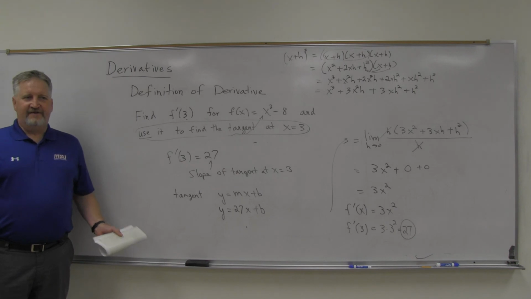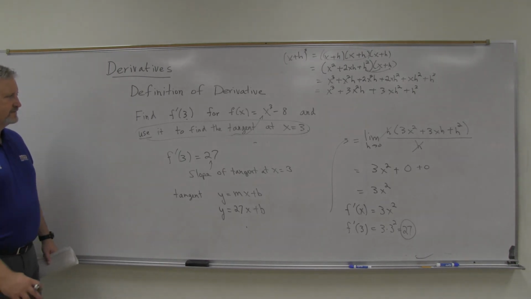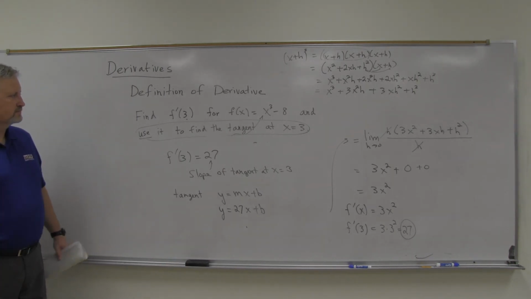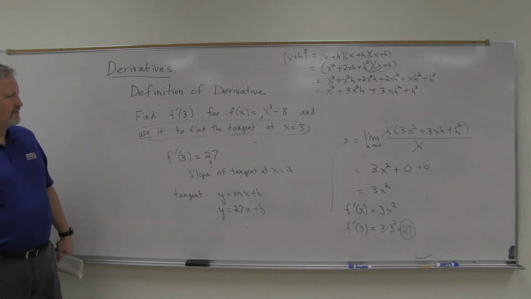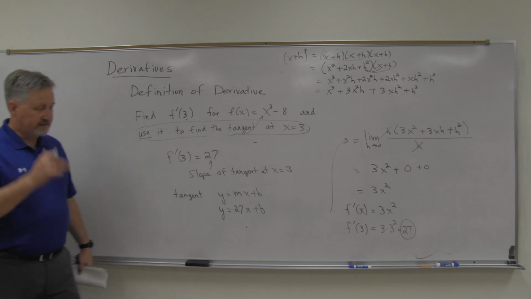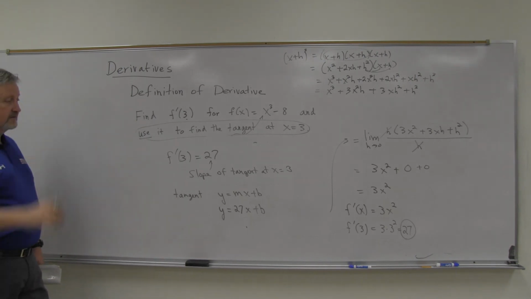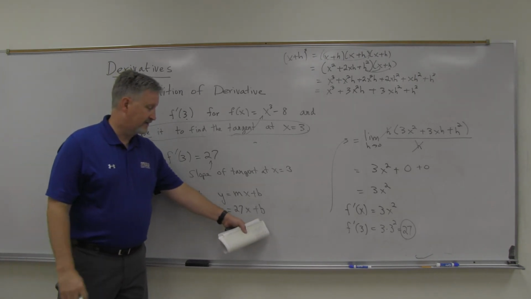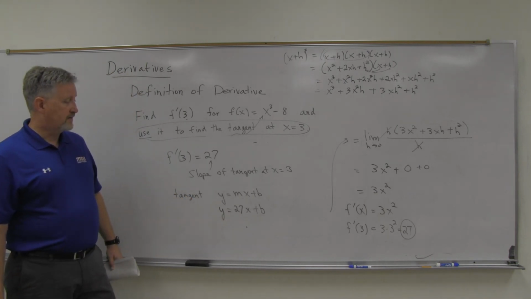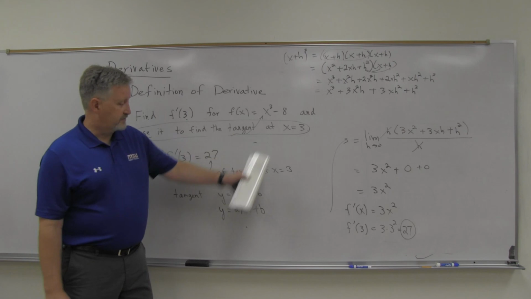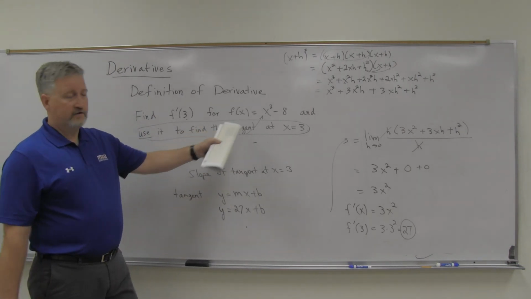I just need to figure out the b. It asks for the tangent line, so now I just have to figure out what b is. To figure out b, remember the way we did it is we used the xy combination. I've got the x value is 3. What's the y value though?